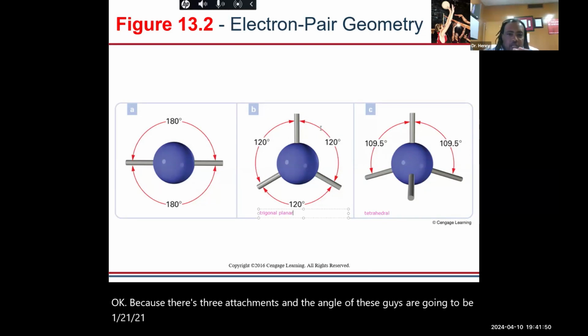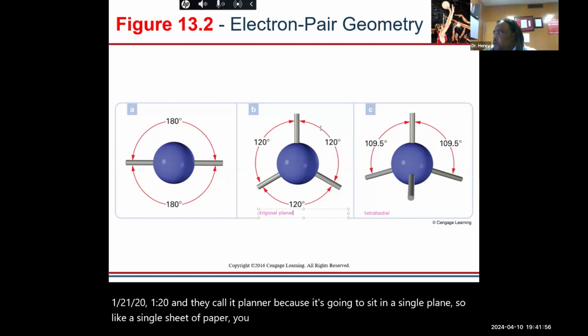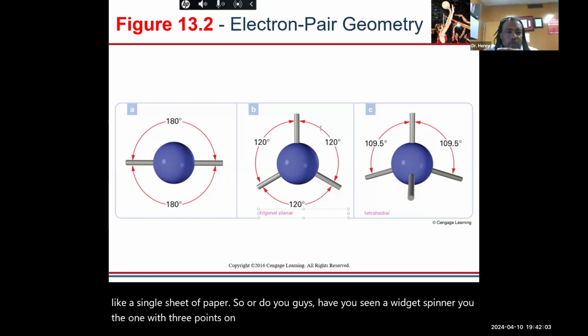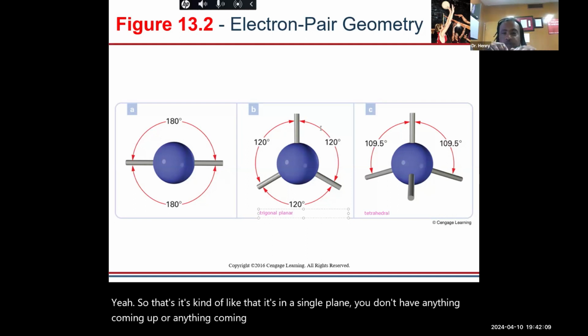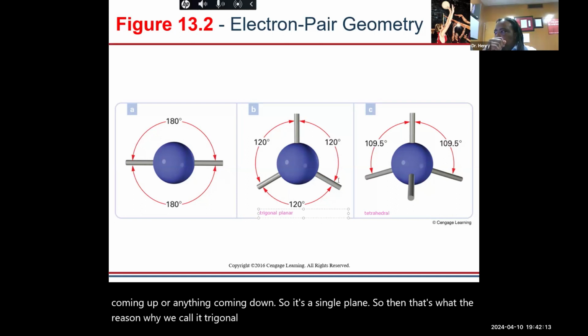They call it planar because it sits in a single plane, like a single sheet of paper. Have you seen a fidget spinner, the one with the 3 points on it? It's kind of like that. It's in a single plane. You don't have anything coming up or anything coming down. That's the reason we call it trigonal planar: three things attached to it, and it's planar.